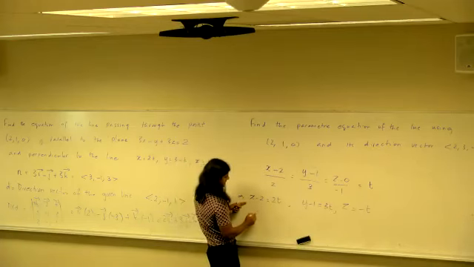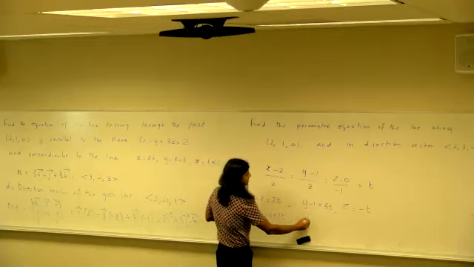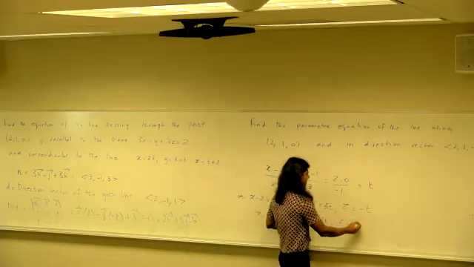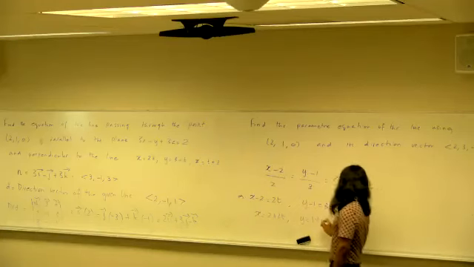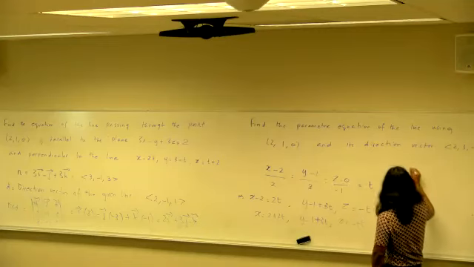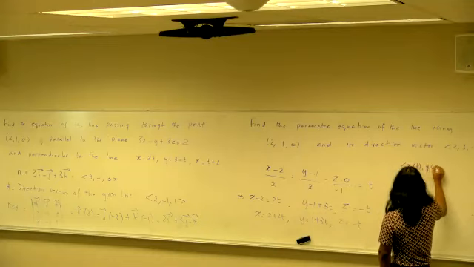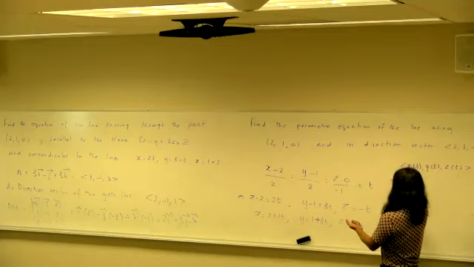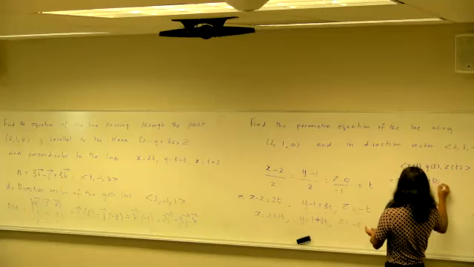Move this to the other side, x will be 2 plus 2t, y 1 plus 3t, z 0 minus t, and you can write this as x of t, y of t, z of t, and that would equal 2 plus 2t, 1 plus 3t, minus t.